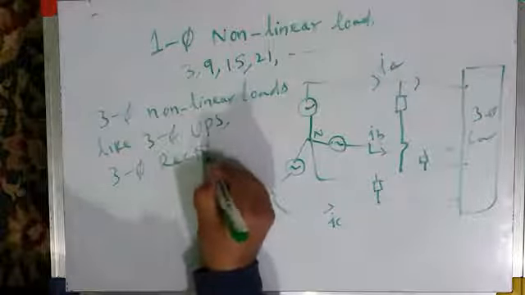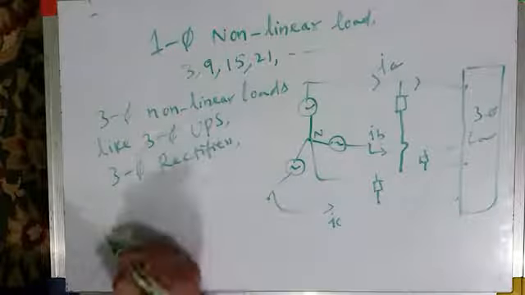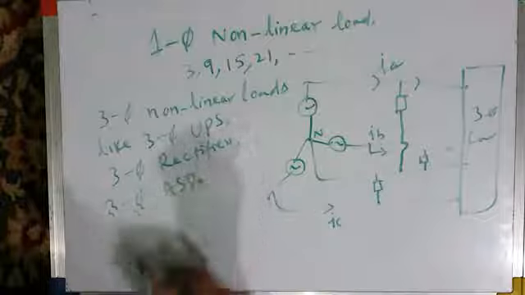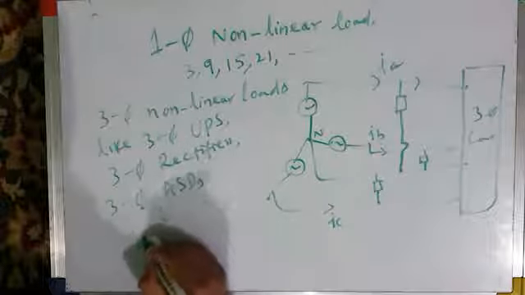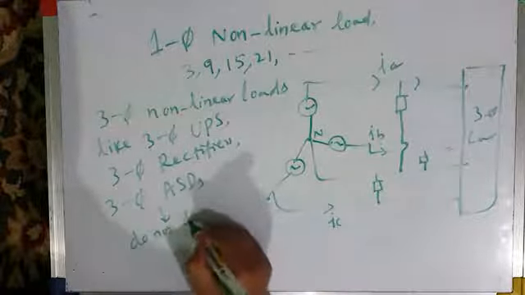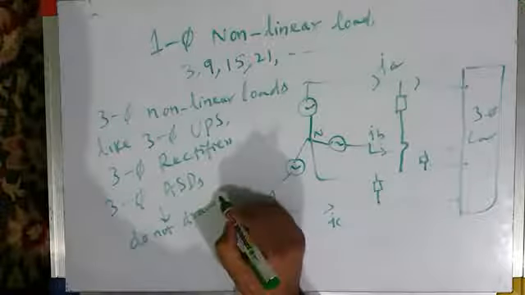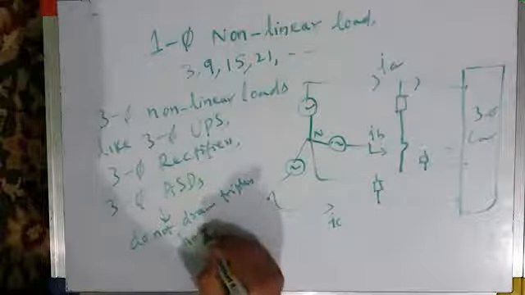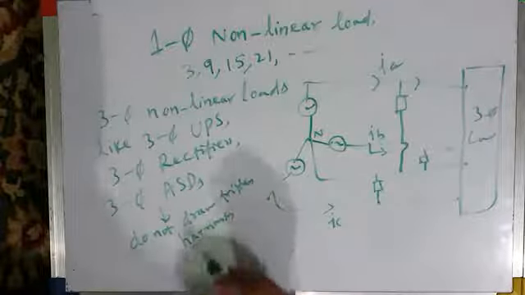These are three-phase loads. Three-phase adjustable speed drives, which are used in industries, do not draw triplen harmonics. The third and triplen harmonics do not exist in the line currents.